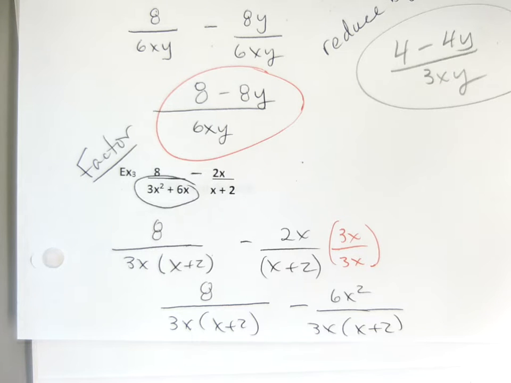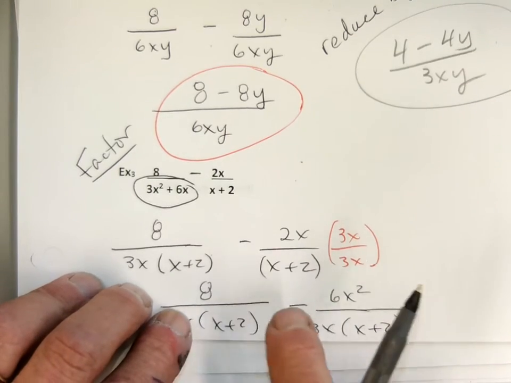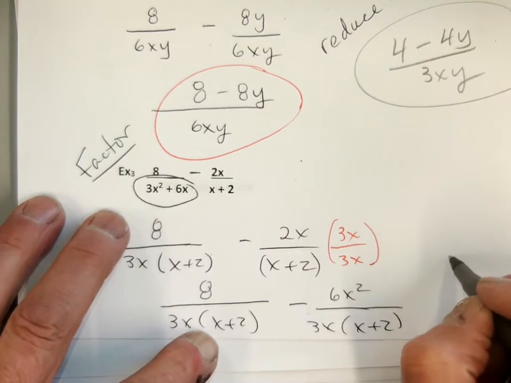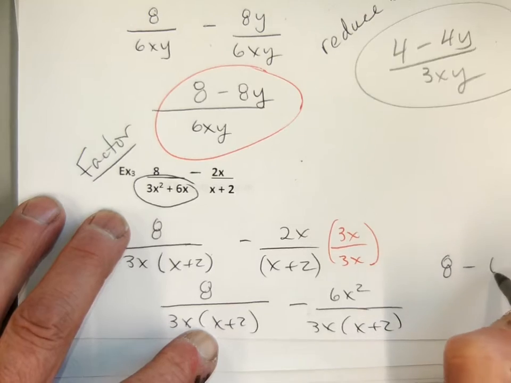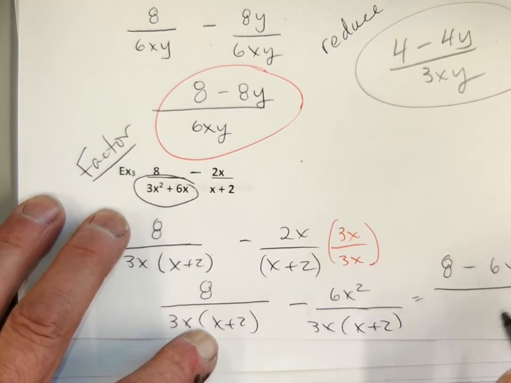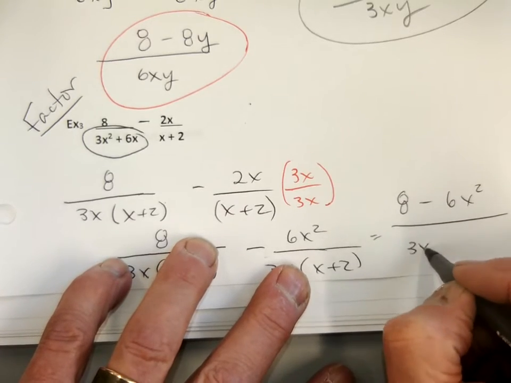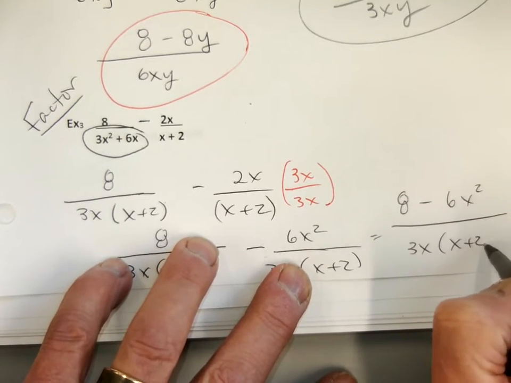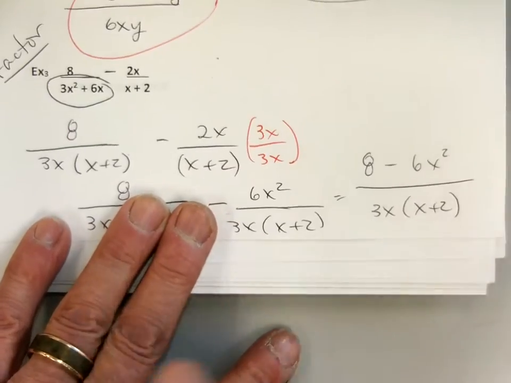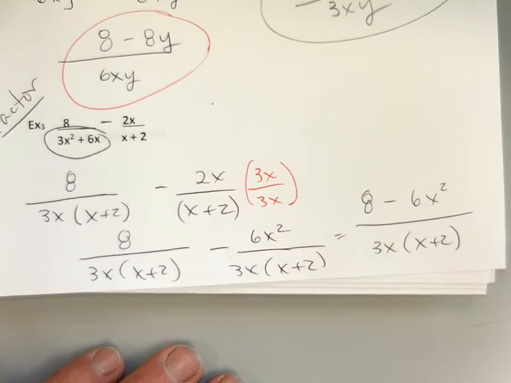Okay, 6x squared. So now they have the common denominator, right? So let's subtract. You can't really subtract, but what we're going to have is 8 minus 6x squared over my common denominator, which is my 3x times my x plus 2. Okay? And that's all I can do. Not a very nice looking fraction, but I subtracted them, right?